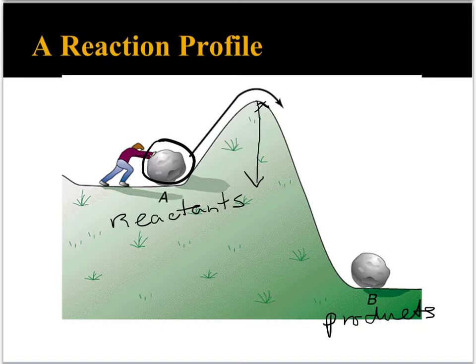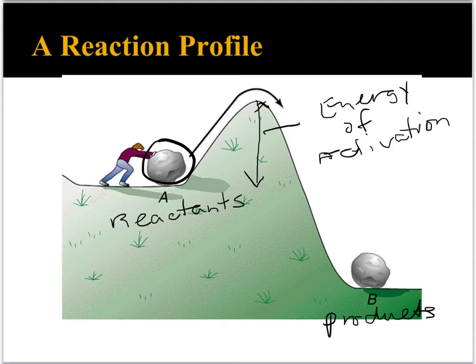And the top of that hill, or the height of that hill, represents what's called the energy of activation or activation energy. Either one, they're the same thing. Okay. So in order for reactants to be converted to products, you have to overcome this activation energy. And we'll be looking more at reaction profiles in our last unit of the year, which is thermodynamics.